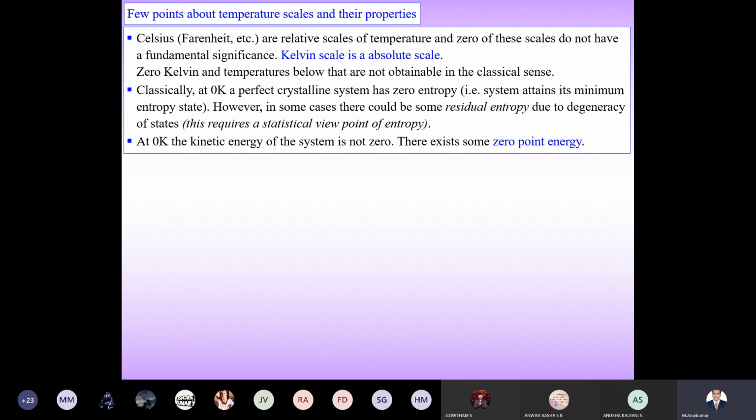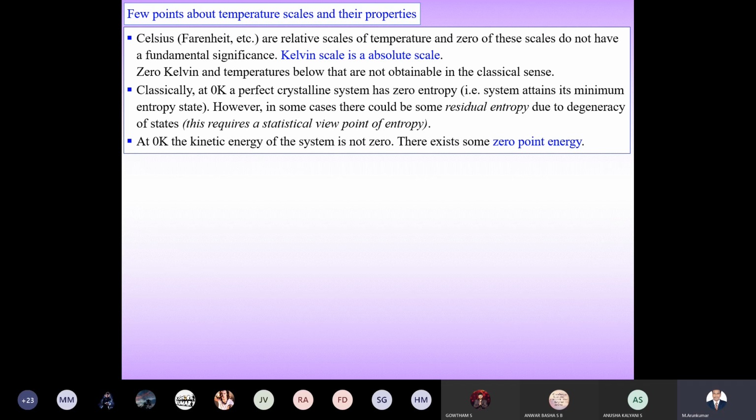So we can have lots of temperature scales, say degree Celsius and degree Fahrenheit, but the Kelvin scale is an absolute scale. 0 Kelvin and temperatures below it are not obtainable in a classical sense. So this is a final stage. 0 Kelvin is the final stage. Beyond that, we can't have temperatures.